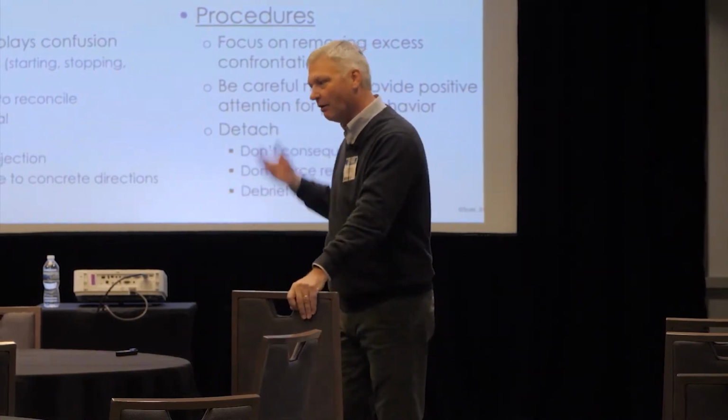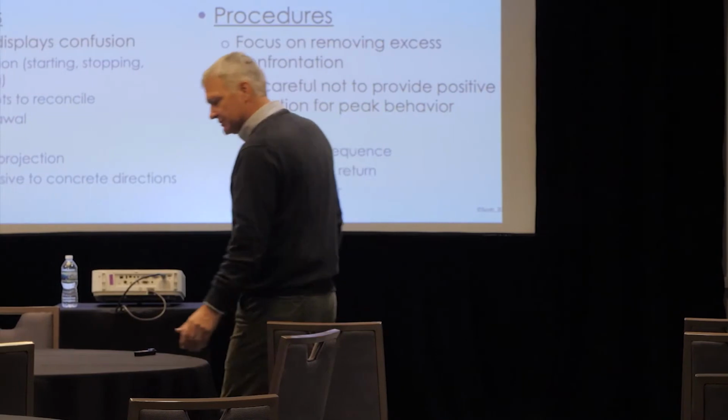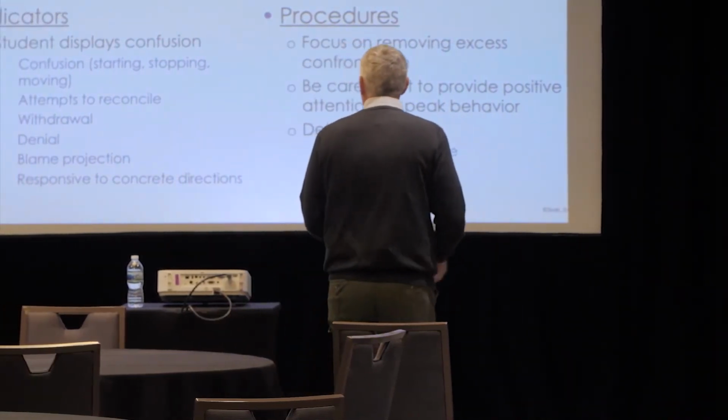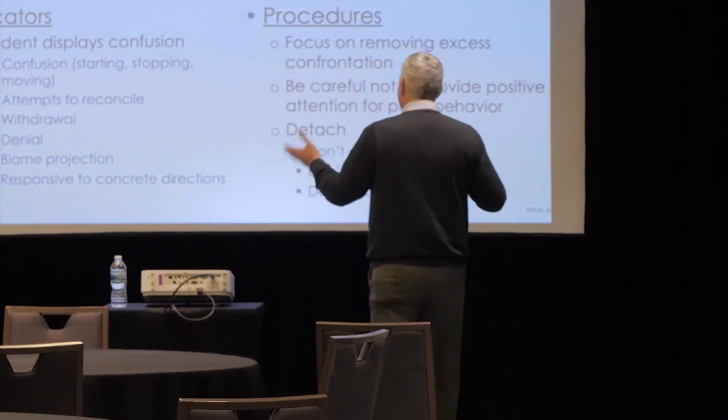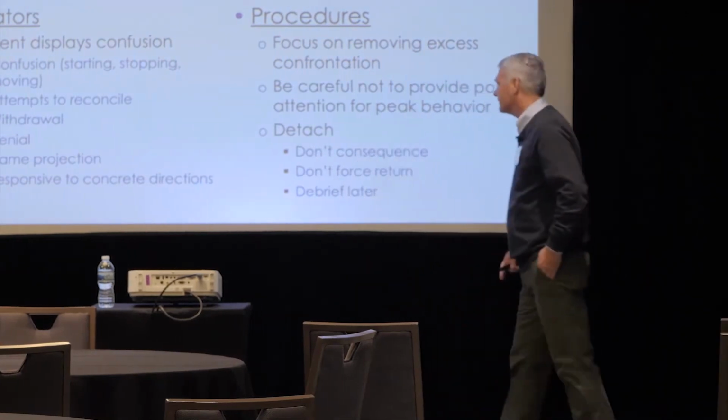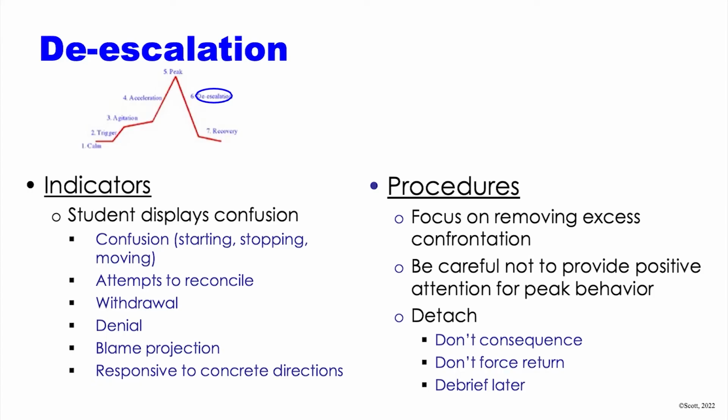Let them come all the way back down. So I'll ask a kid to go sit somewhere. I don't talk about consequences. I don't say you need to get back to work. We'll debrief and talk about this later during the calm phase. I'm just trying to make sure everything stays calm so you can come back down.